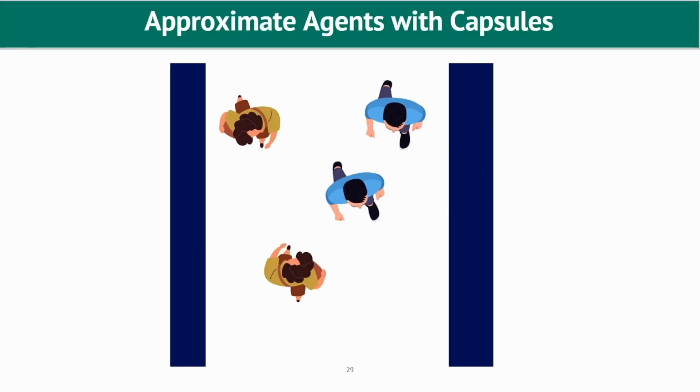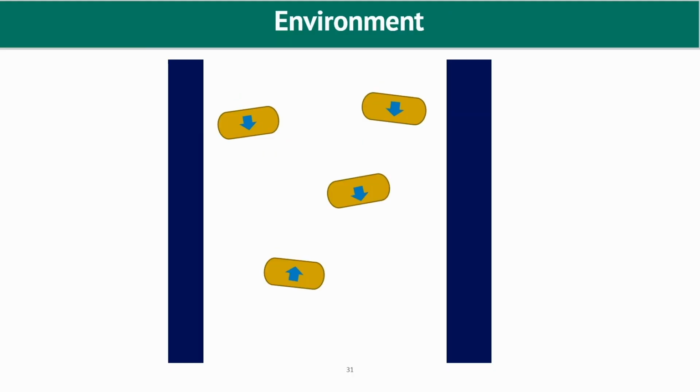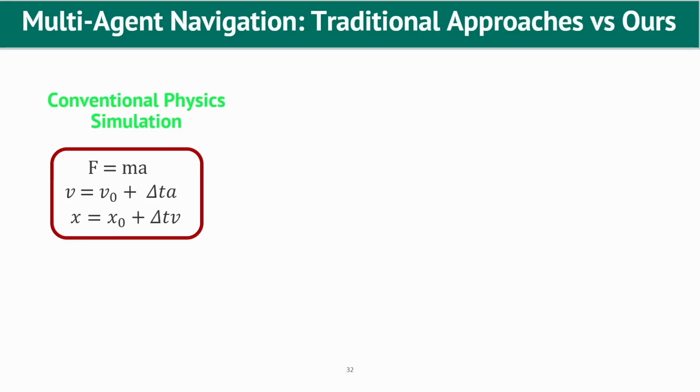So in our approximation of the human profile, we represent crowds as capsules, and I want to differentiate between our method and traditional force-based and velocity-based approaches. In conventional physics simulation, the velocity and position in the next time step are calculated, and later the position in the next time step is used to navigate the crowds.